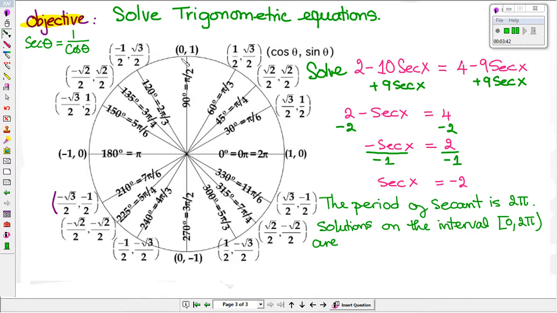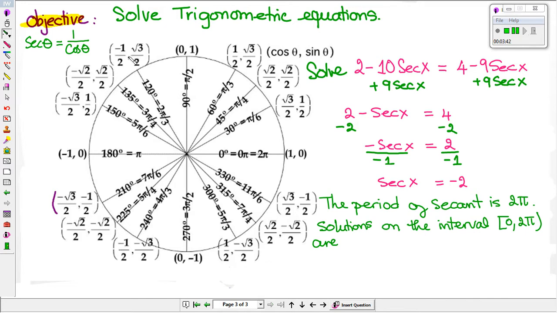First of all, we have to ignore quadrant 1. From 0 to 90 degrees, we're not going to look at this. Why? Because all of the values in quadrant 1 are positive, and we're looking for negative. So I'm going to look at the next quadrant here.